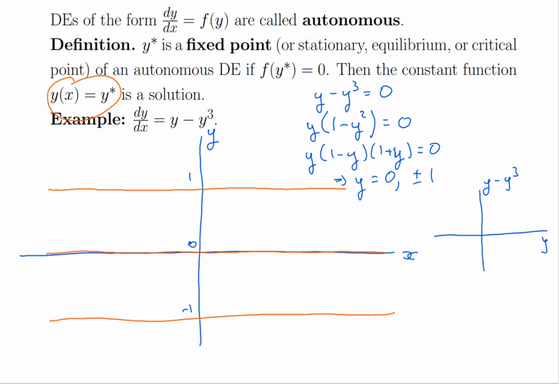And it helps to know that I already know where the zeros are, when y is negative 1, 0, or 1. And what does the graph of this cubic look like? It's got 3 zeros. It's got a negative coefficient in front of the y cubed. It's going to look like this.